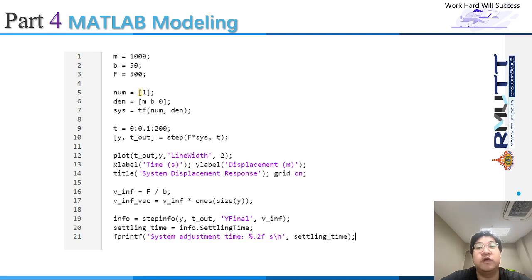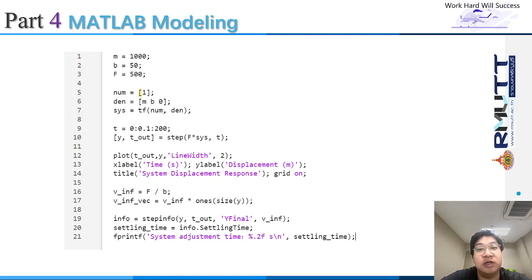And next is the code part. This code fully realizes the modeling and analysis of the spring damper system, from parameter definition and model construction to response calculation and performance analysis.